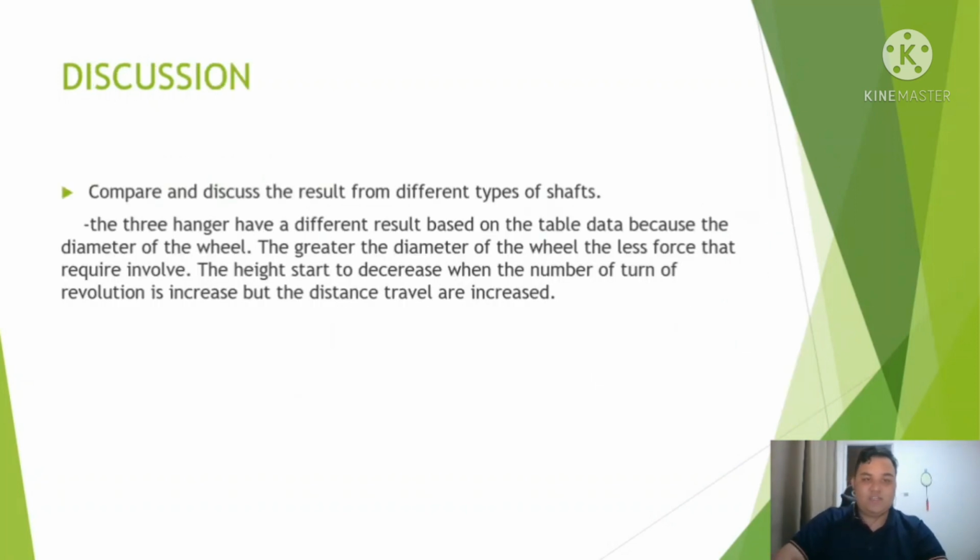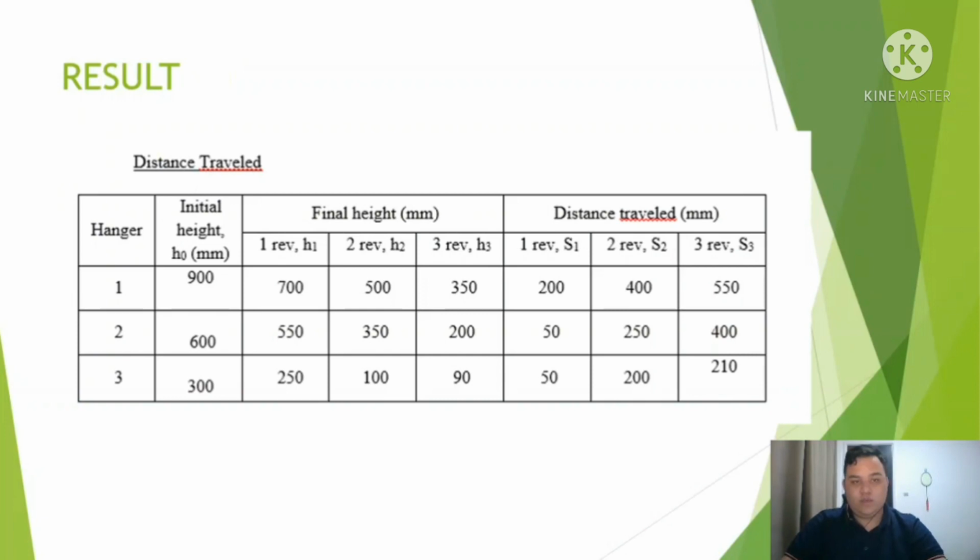For the discussion, compare and discuss the result from the different types of shaft. Like I said before, the final height and the distance travel are very different. At the final height we see the pattern that from the first revolution, second revolution and third revolution the number decreases, and for the distance travel the number increases.